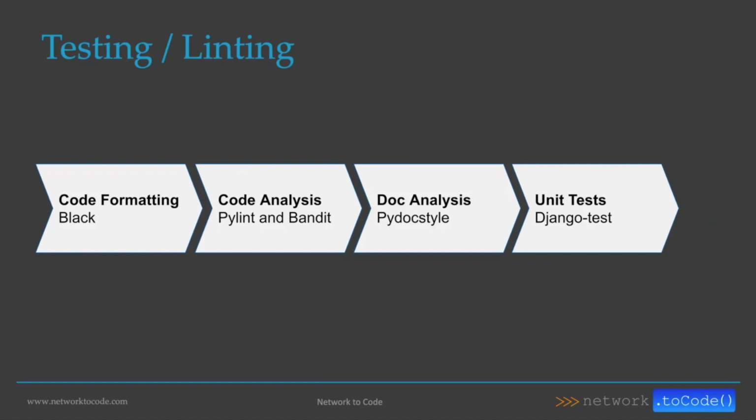And then the analysis of the documentation of the code itself using pydocstyle, and last but not least, the unit tests. All of those different tools are very important, and as part of the project, you'll find examples of how we are using them, some example configuration files, and so on.